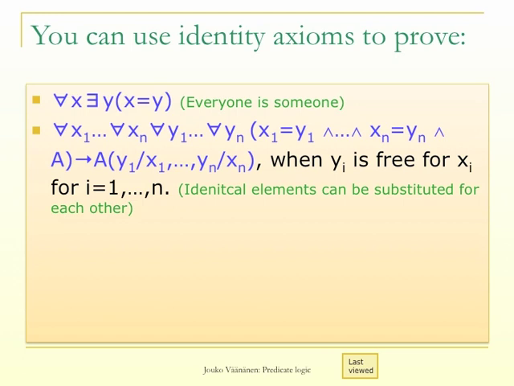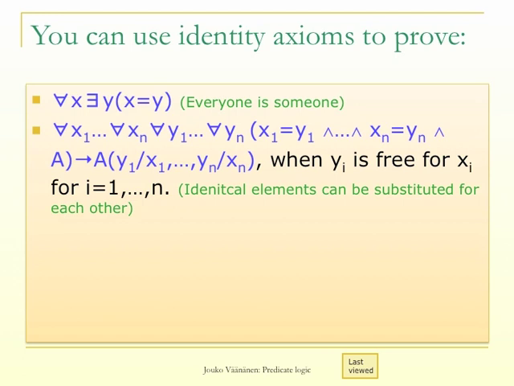Then this says, for all x1 to for all xn, for all y1 to for all yn, left parenthesis, x1 equals y1 and so on, and xn equals yn, and A, right parenthesis, implies A, y1 slash x1, and so on, yn slash xn.